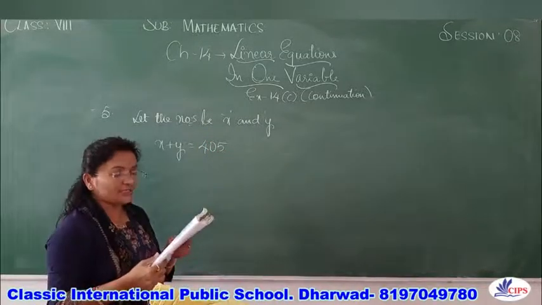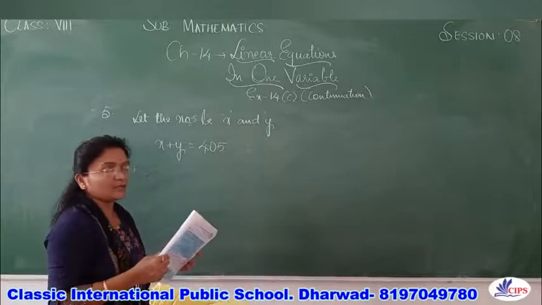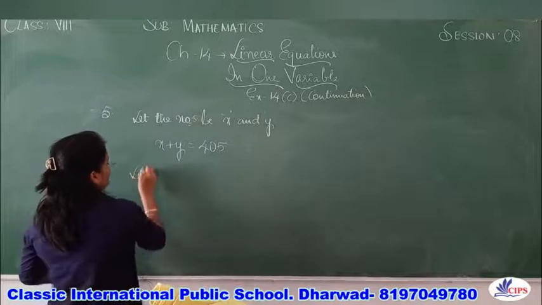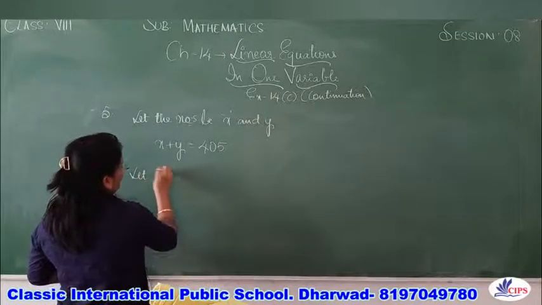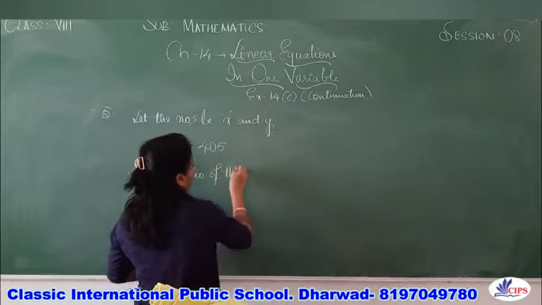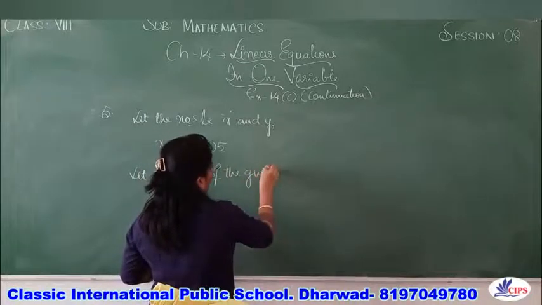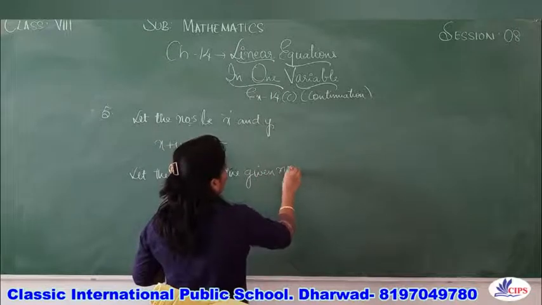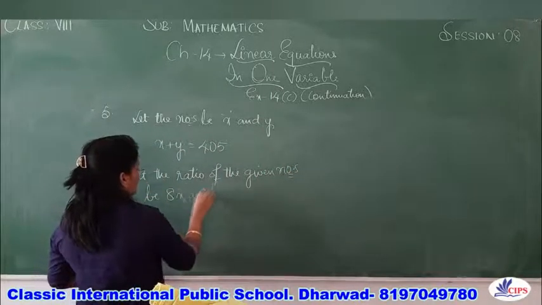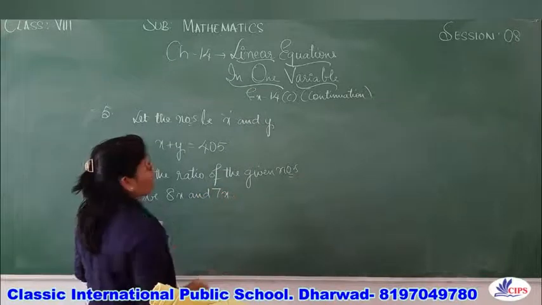Got it? And their ratio is 8:7. They have asked you to find the numbers. Now let the ratio of the given numbers be 8x and 7x, we'll take.